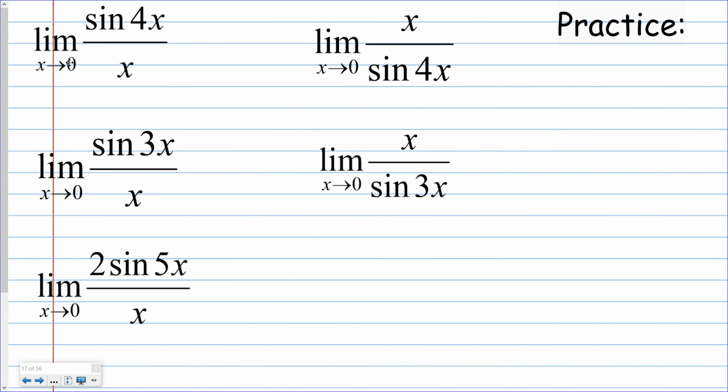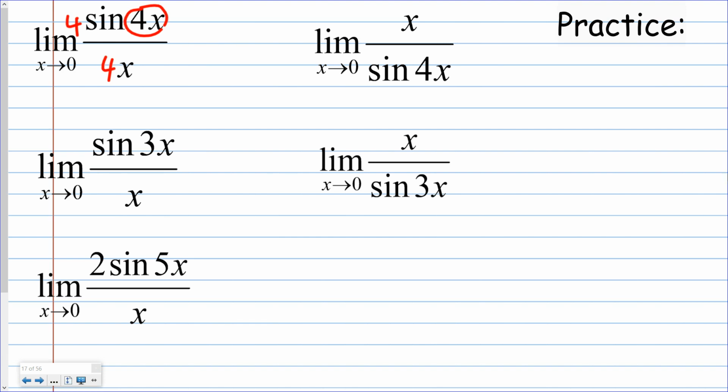All right, guys, this right here, do you see it would equal 1 only if this matched with the bottom? You guys good with that? Okay, but here's the thing. I can't just put 4 on the bottom. If I multiply by 4 on the bottom, what do I also have to do to the top? Multiply by 4. If I put a 4 down here, make sure I put a 4 up here.